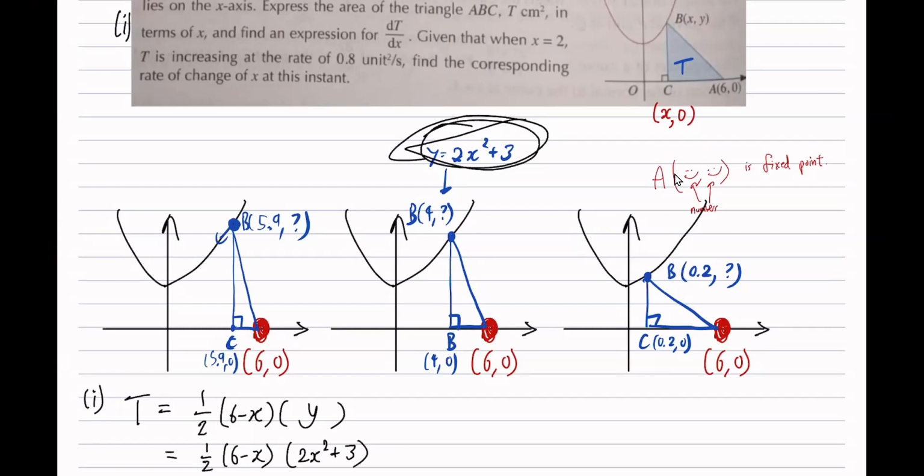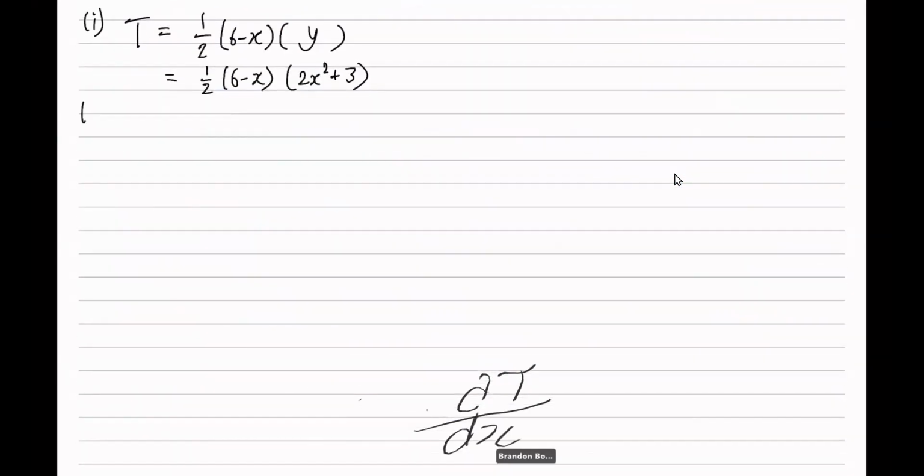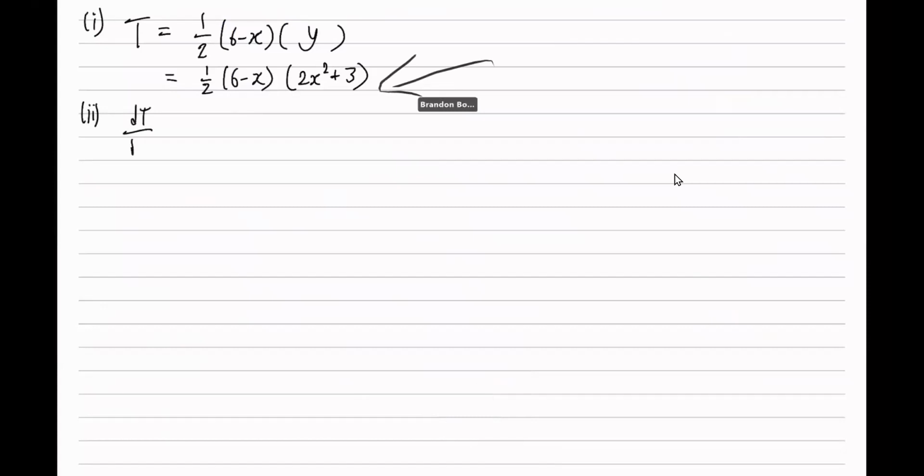Good. Part 1 done. Next part, find an expression for dT by dx. So you just differentiate this. Bring out the half.